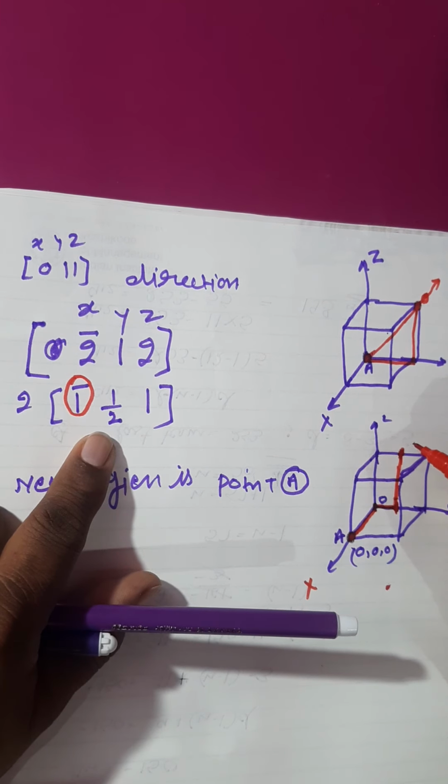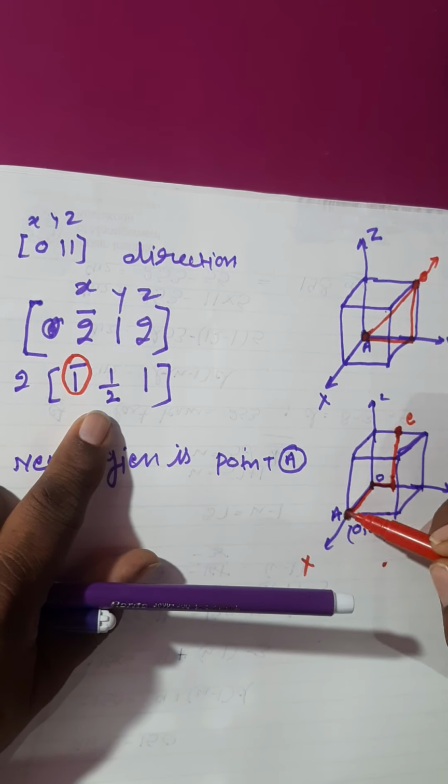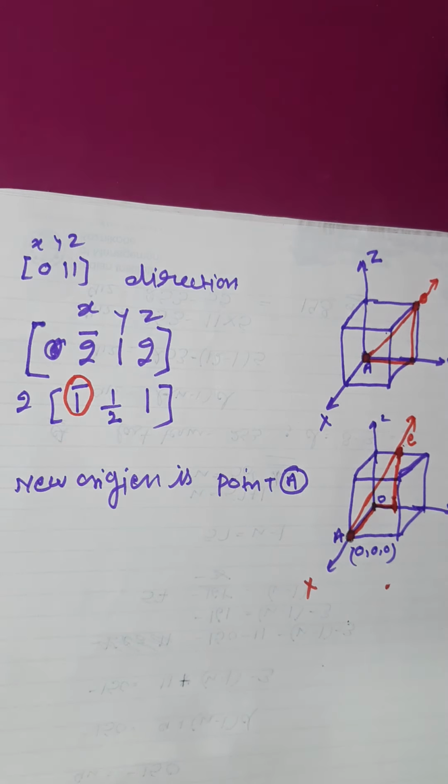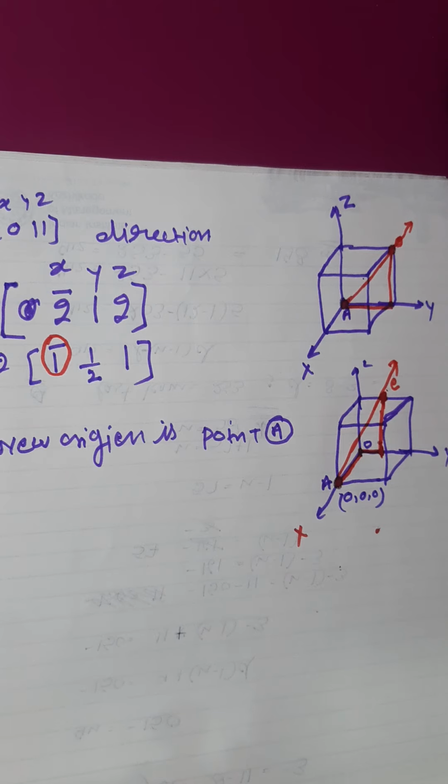Now this is our end point. E is the end point. So join A and E. This will be the direction of your 2 bar 1 2 bar indices. So in this way we can find out the direction of given negative directions also.